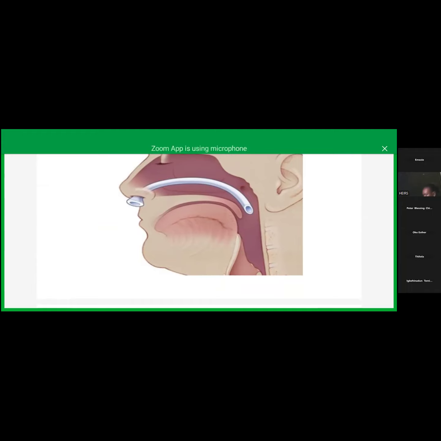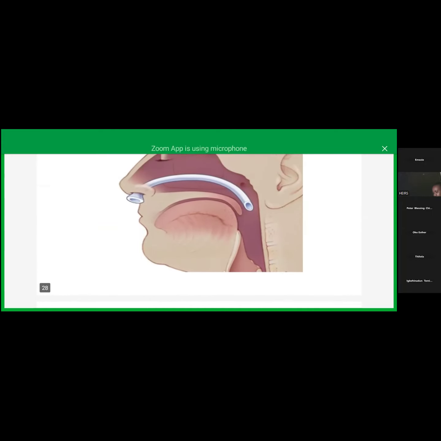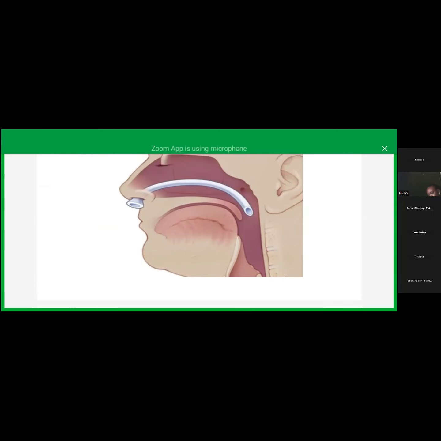So again, let's recap. How do we insert the nasopharyngeal airway device? We said the first step is to clear the airway, suction the patient, suction the nose, suction the mouth. And the second step is to measure the length from the nose to the earlobe.